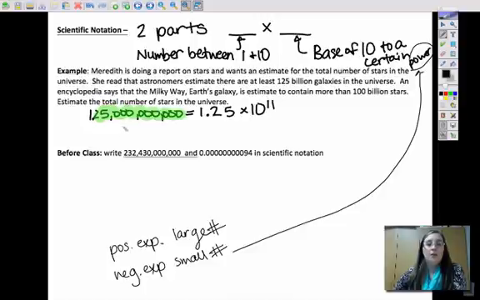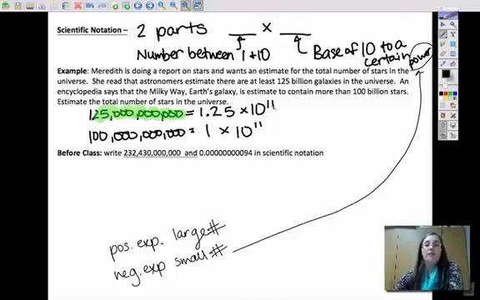And then 100 billion would look something like this. So that would be 1 times 10 to the 11th power. If I'm going to multiply this by this, I'm going to take 1.25 times 10 to the 11th times 1 times 10 to the 11th. Rearranging, because I know that I can multiply in any order I want, I can multiply the 1.25 by the 1, which just gives me 1.25.